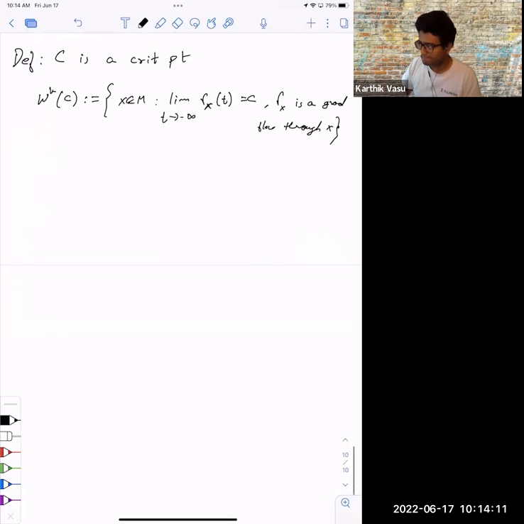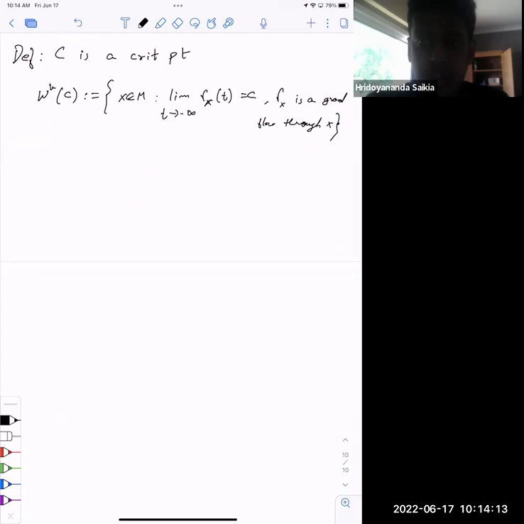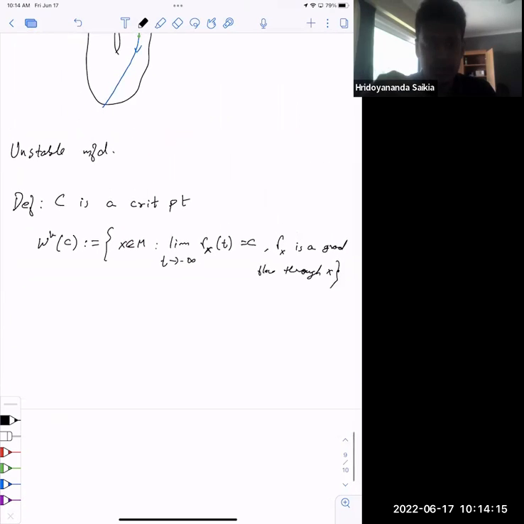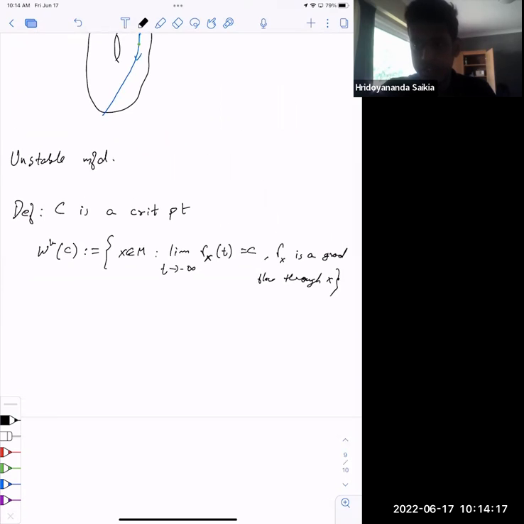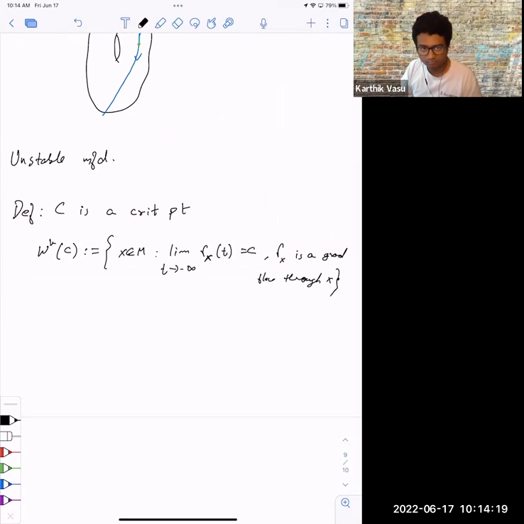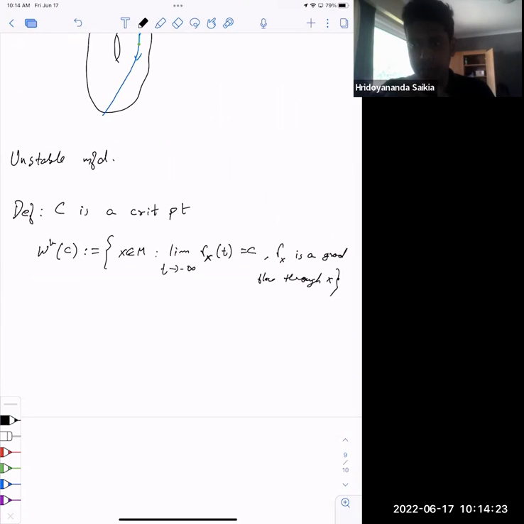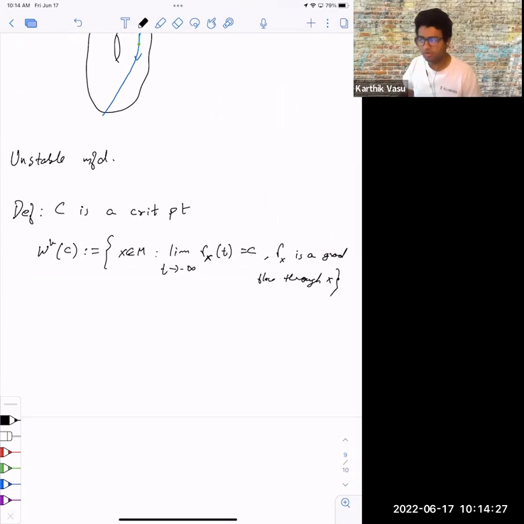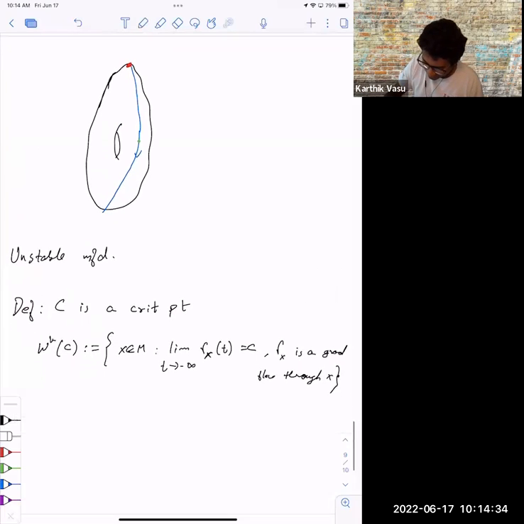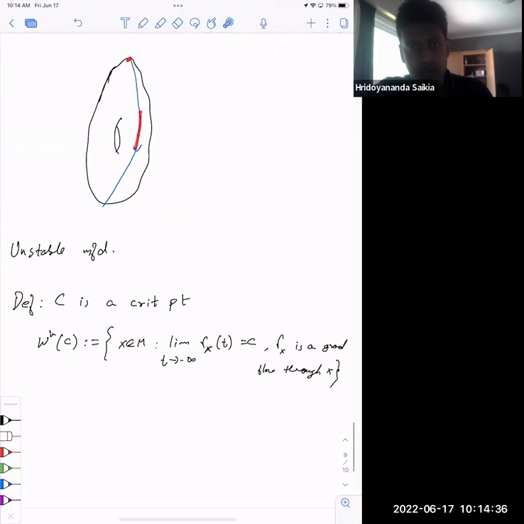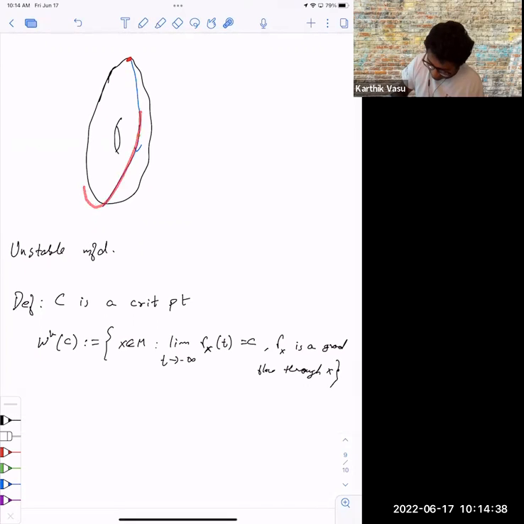But Kartik, you said that once a curve reaches a critical point, there is no way of escaping it. So what does it mean? Like then the curve will pass through only one point, right? One physical point. No, what I mean is, if you are flowing like this and go through, this cannot happen.